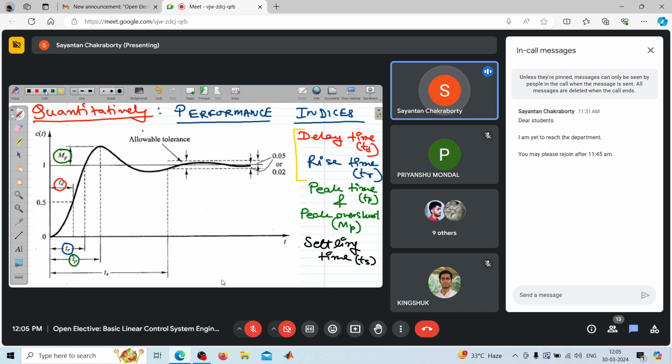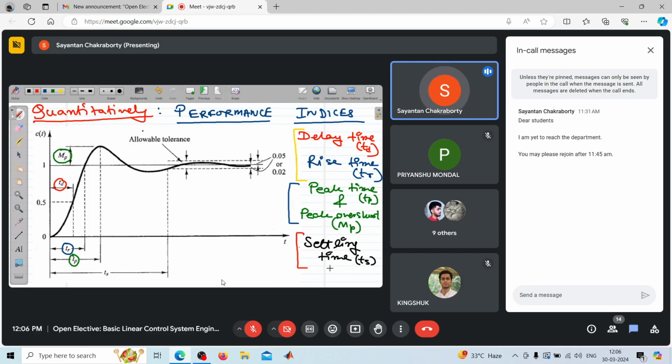The next term relates to the oscillatory nature of the response. And finally, the third term gives you the amount of time it takes to settle down at or around the final value. So these are the time domain performance indices that we need to find out to specify a given second order step response.